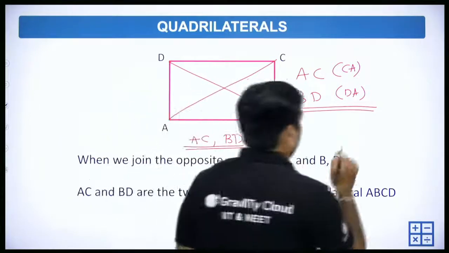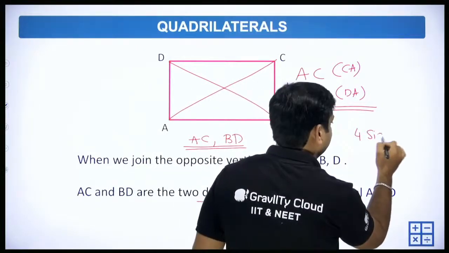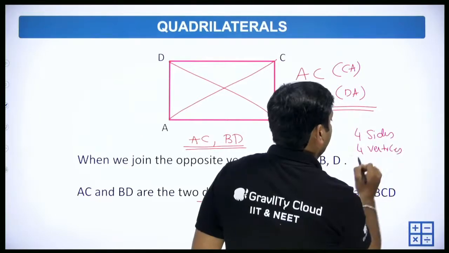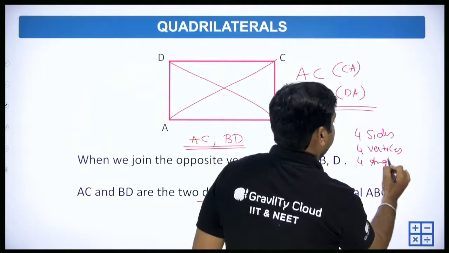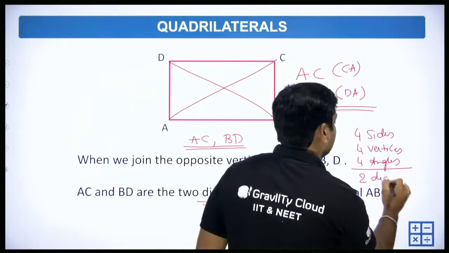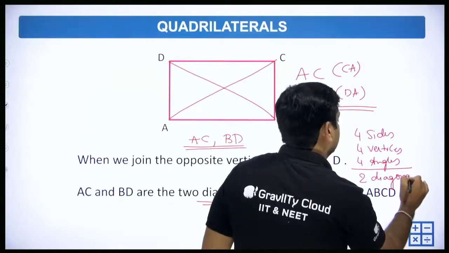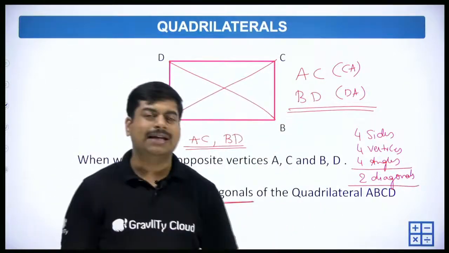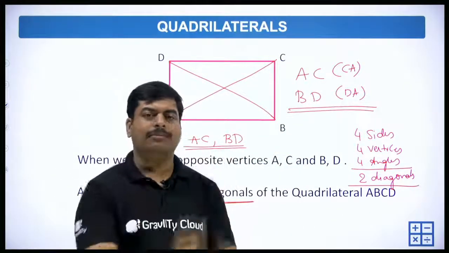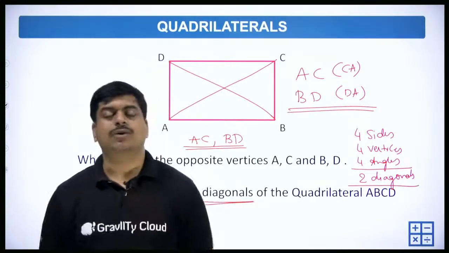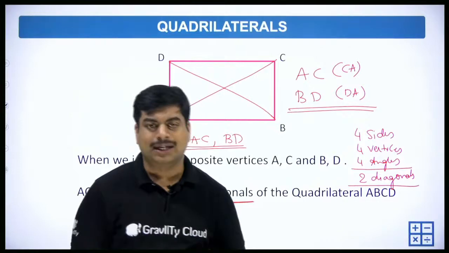In a quadrilateral we have 4 sides, 4 vertices, 4 angles, but only 2 diagonals. Based on the properties the diagonals exhibit, whether they are equal or not, whether they bisect, meaning divide each other into 2 equal parts, we also define a lot of quadrilaterals.